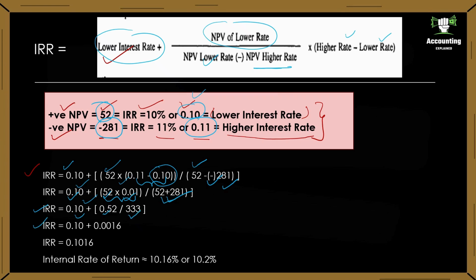Then IRR becomes 0.1 plus 0.52 divided by 333, which is 0.0016. So IRR is equal to 0.1016. These two added together, 0.10 plus 0.0016, gives you 0.1016, or in percentage we have to multiply by 100. When you multiply it by 100, we get IRR as 10.16%, or when rounded off we get 10.2%.